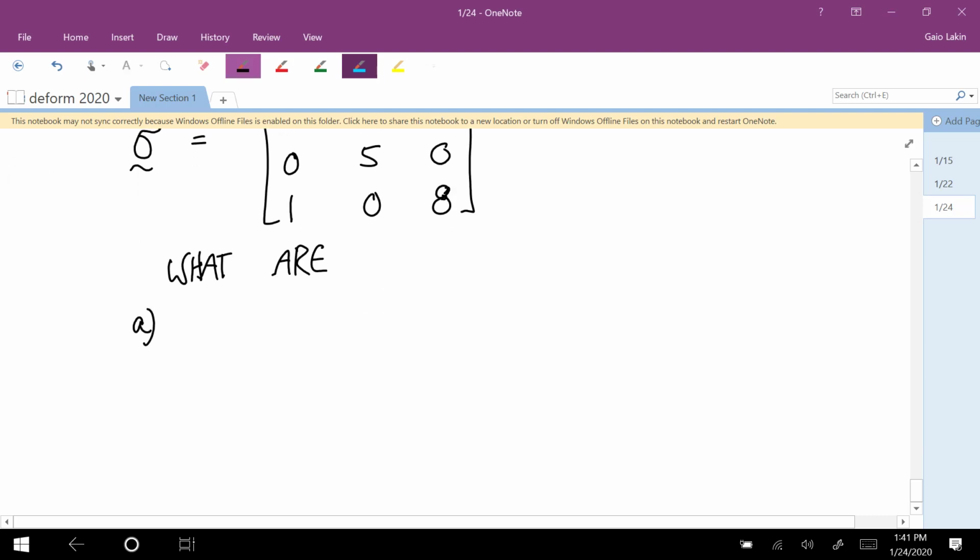First, what does the stress cube look like? Second, what's the Voigt stress?